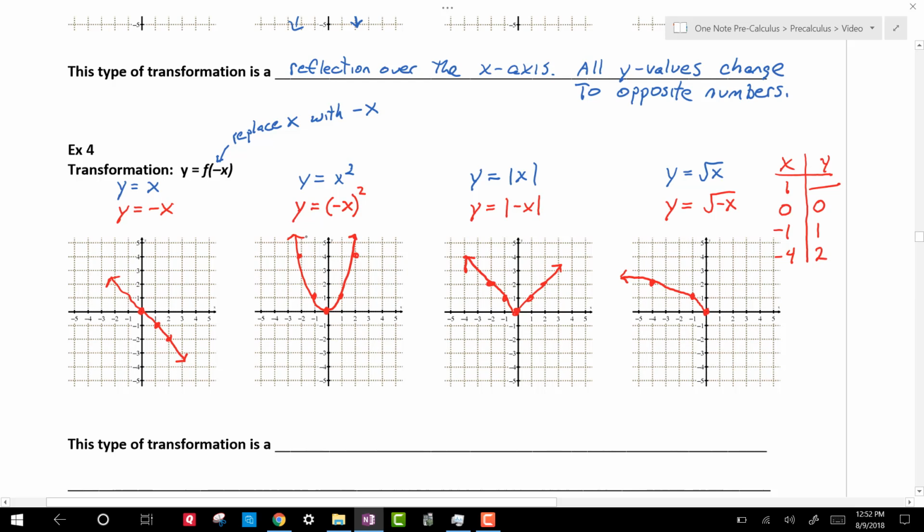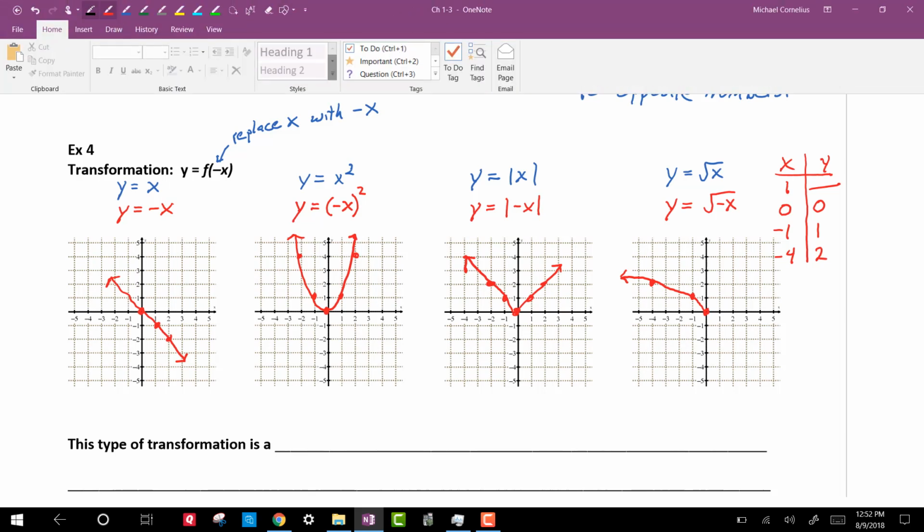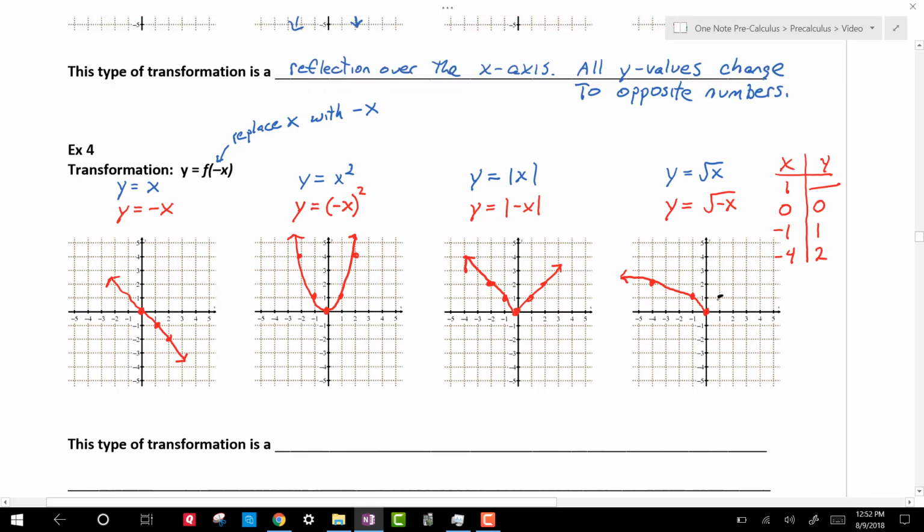And it's easiest to see on the square root function. The original parent function here went up and to the left. So it came up and around to this side. This was my parent function right here, okay? This was parent. The red graph has reflected over the y-axis this time.